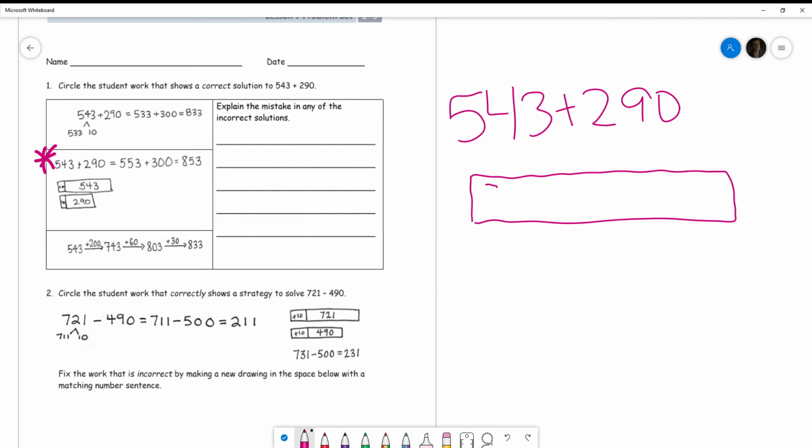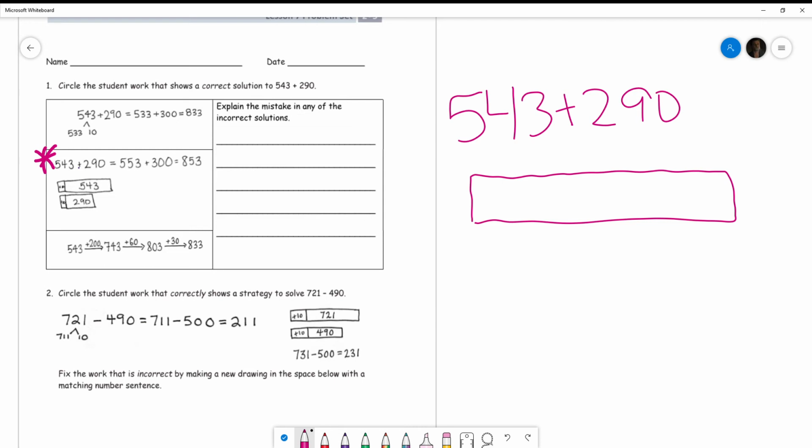The number that would be easiest to change would be 290 to 300, because it's a lot easier to add 300 to 543 than how the problem is now, right?